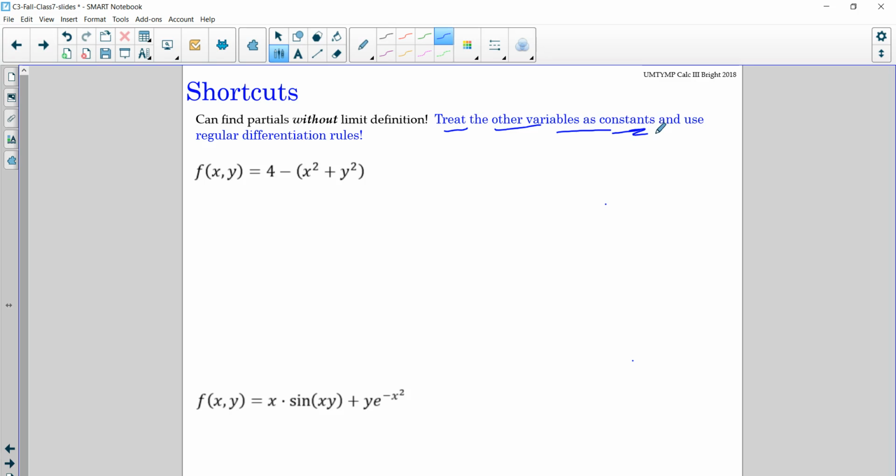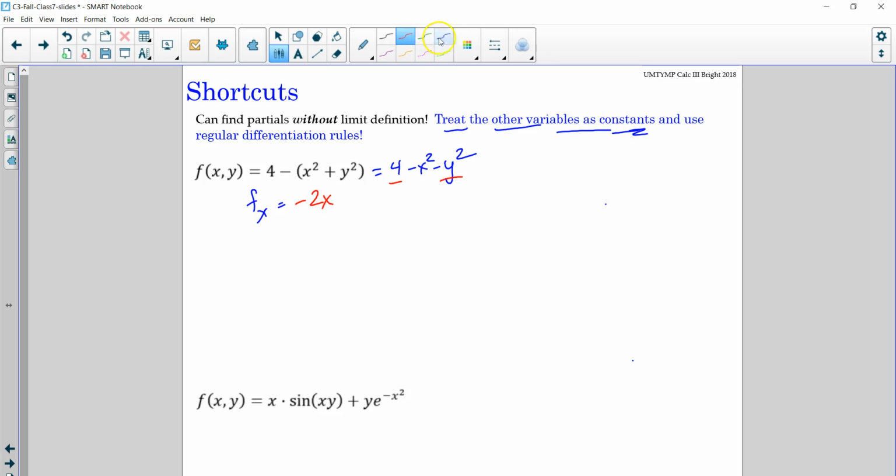So that is to say that if I'm finding the partial derivative of f with respect to x, and just to rewrite this a different way, this is 4 minus x squared minus y squared, okay, I treat 4 and y as constant, and I just end up with minus 2x, and then consequently if we were to evaluate it at the point that we used in the previous examples, we would get minus 2.